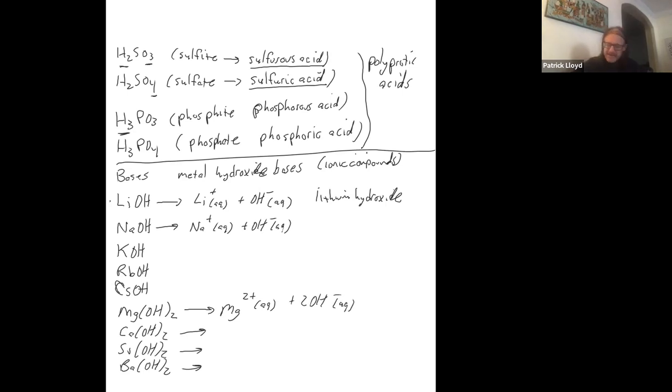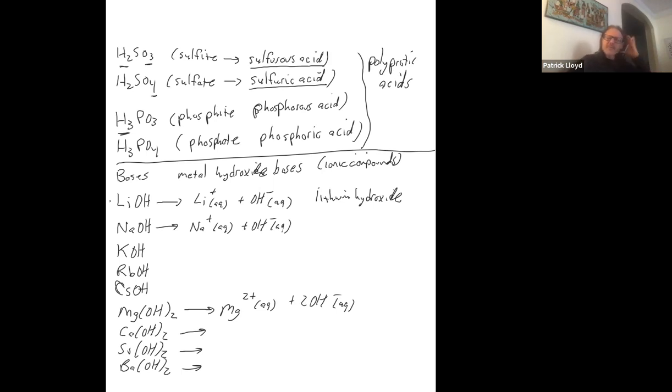Okay, so magnesium hydroxide would be the name of that base. It's an ionic compound, but it's also a base. It forms a magnesium ion and two hydroxides. Okay, and there is the first group of bases, the ionic compound bases, group 1A and group 2A.